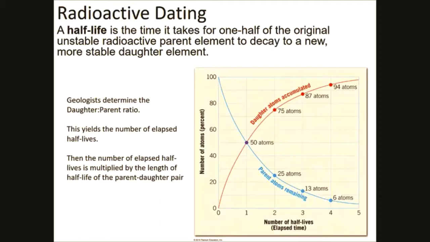Right? And so often there's a different number of neutrons than protons in the nucleus. And we call those isotopes. Any atom that has a different number of neutrons than protons is an isotope.